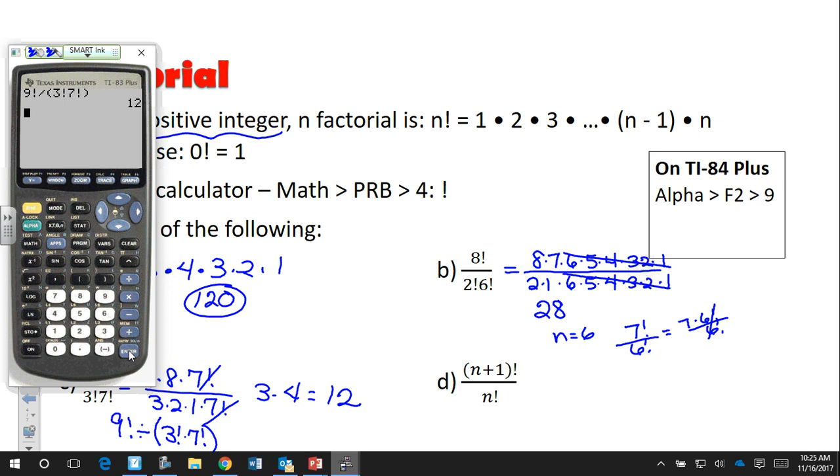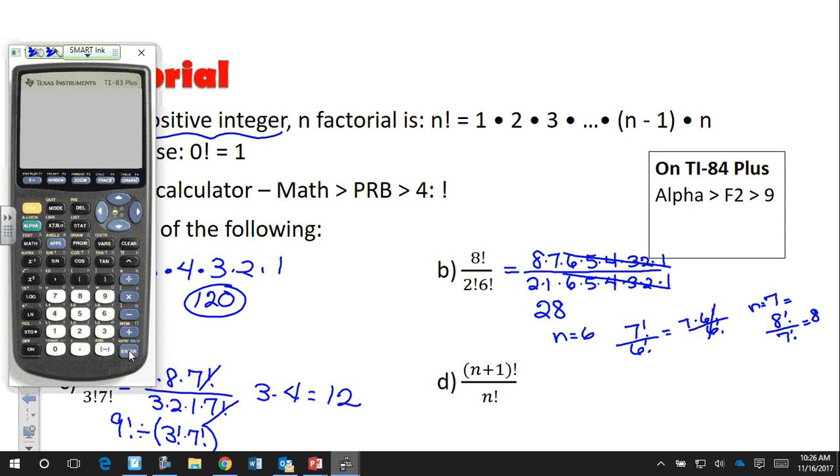Okay? So we plugged in 6 and we got 7 out. Let's pick another number. What's another favorite number? 7. So if we plug in 7, what are we going to get? 7 plus 1 is 8, so we'll have an 8 factorial over our 7 factorial, which is going to get us 8. Okay, so we're seeing a pattern here.